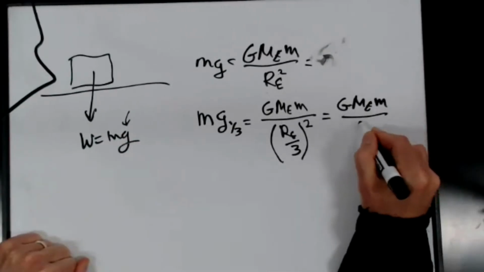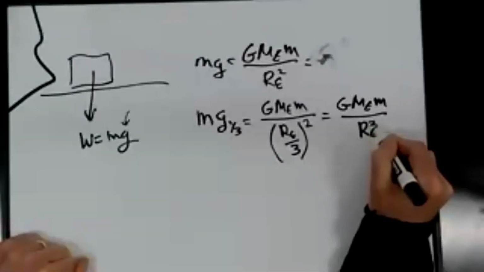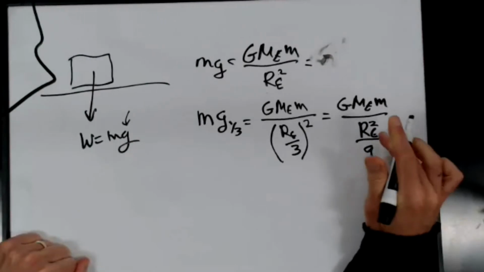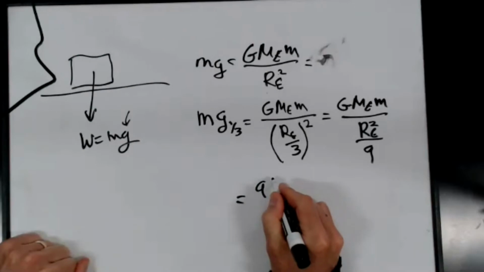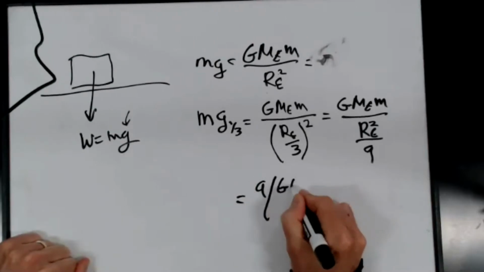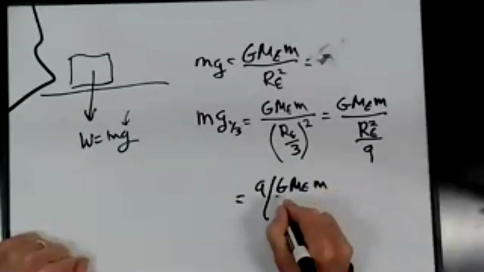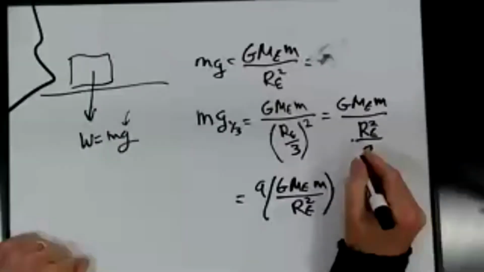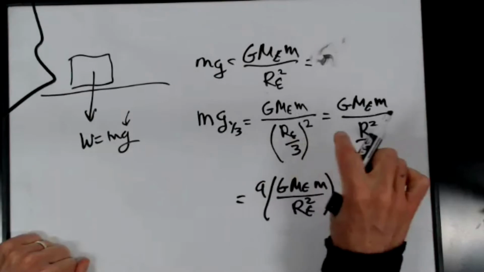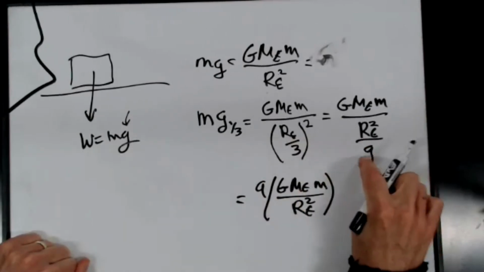Yeah, because you go one third down, so this becomes RE squared over 9, right? Denominator becomes the numerator, and so it's just 9 times G times the mass of the Earth times the mass of the block over the radius of the Earth squared, right? That 9 just comes up.